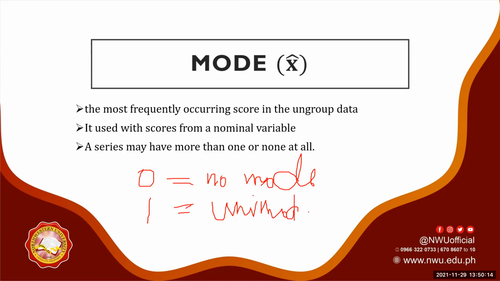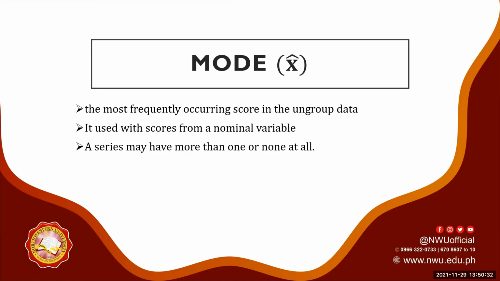Okay? Meron namang dalawa ang magiging makukuha mong mode that's called to be bimodal. And there are cases din na mas marami pa kaysa sa dalawang makukuha mong mode ng ungrouped data. Basta ba, you need to remember that ang mode, yan yung pinakamaraming bilang ng number na nagpapakita, or just consider the number that are being repeated a lot.